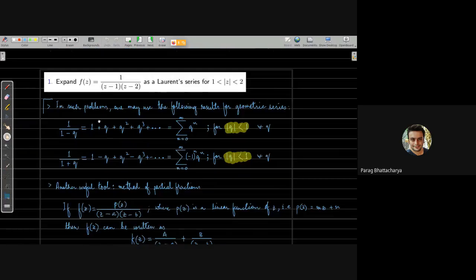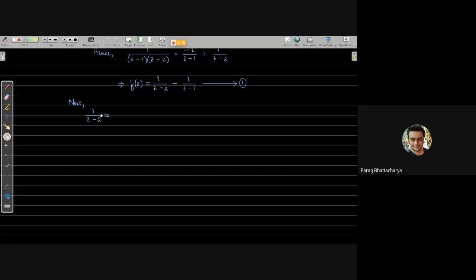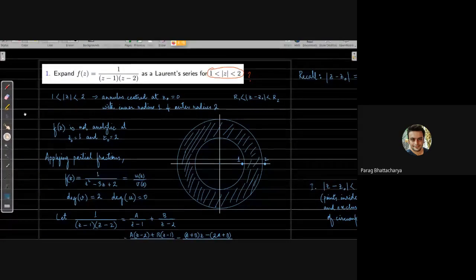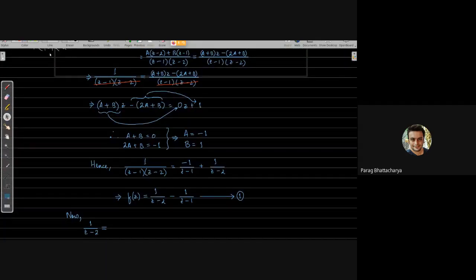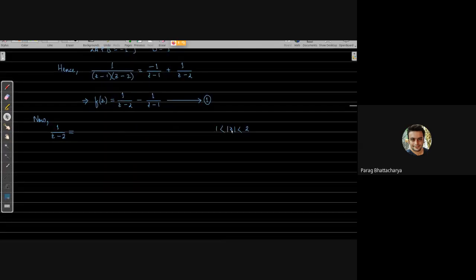So either this expansion or this expansion. Under what condition? The condition is that modulus of q must be less than 1. Okay. So now how do we obtain this? We go back to this condition for the domain. Here, let's split this up. We don't need this part.